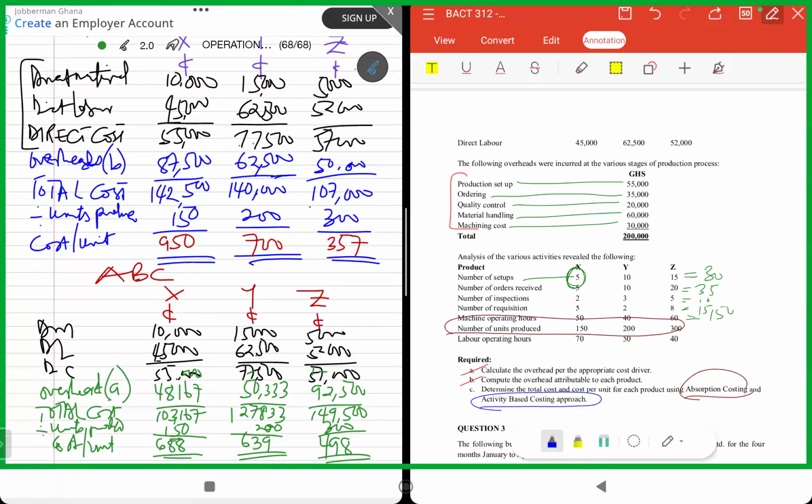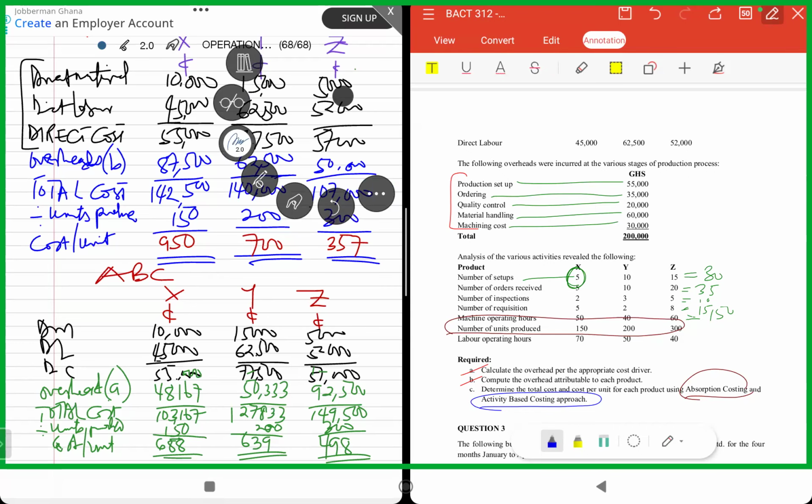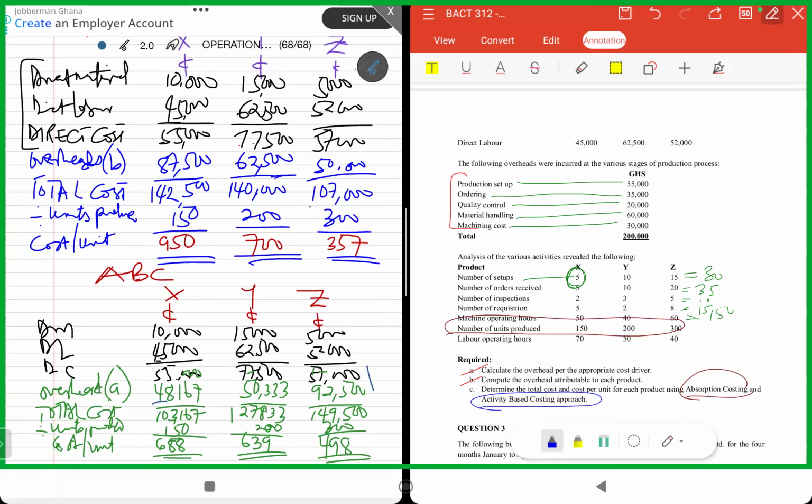So I told you the difference between the activity-based costing and the traditional is the way the overheads are computed. Otherwise, they are all the same. And the one with the more difficult work is the activity-based.